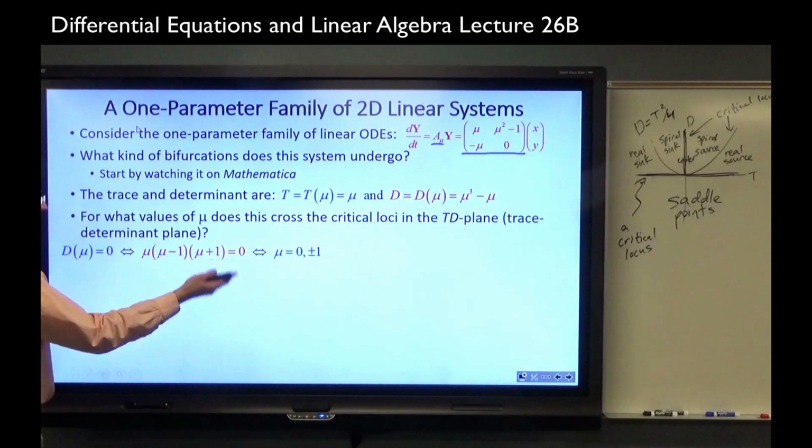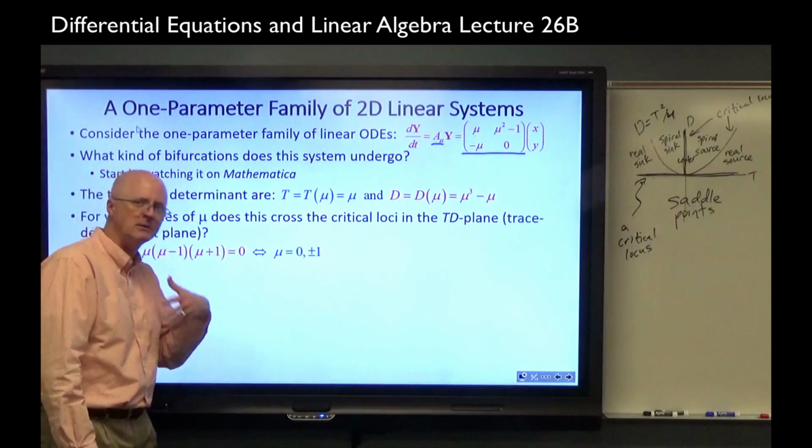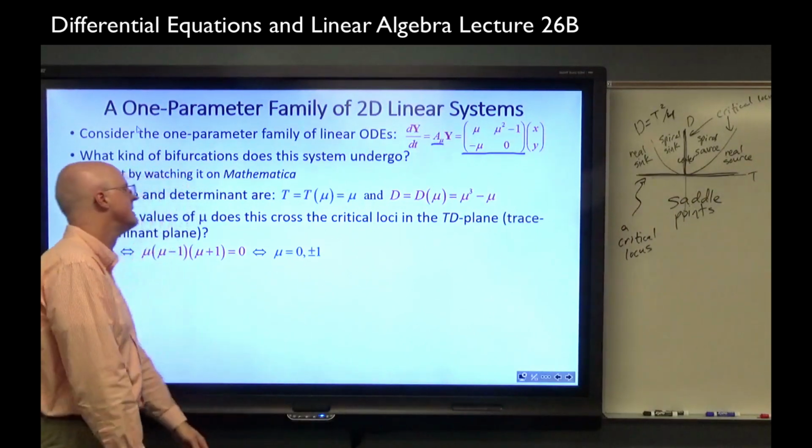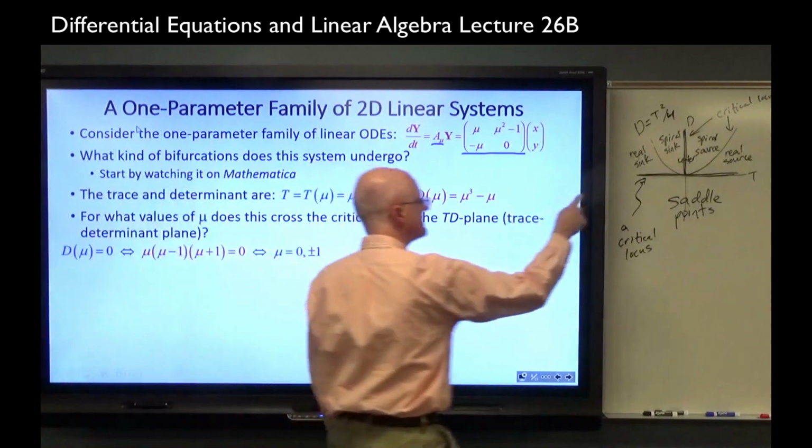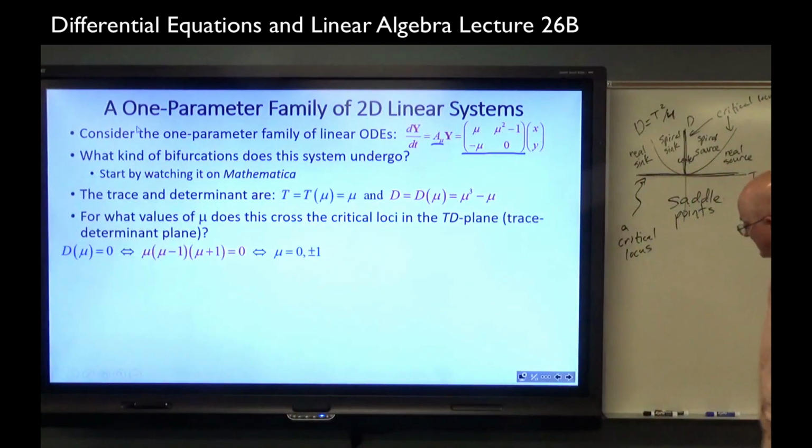Mu equals 0 and plus or minus 1, or in order it would be mu is negative 1, then 0, then 1. That's where I get a crossing of this critical locus. Evidently, that's where I get a bifurcation from a saddle point to what do we see? We saw a sink. A real sink at first, then a spiral sink, though we aren't to the spiral sink yet, as mu just passes negative 1.